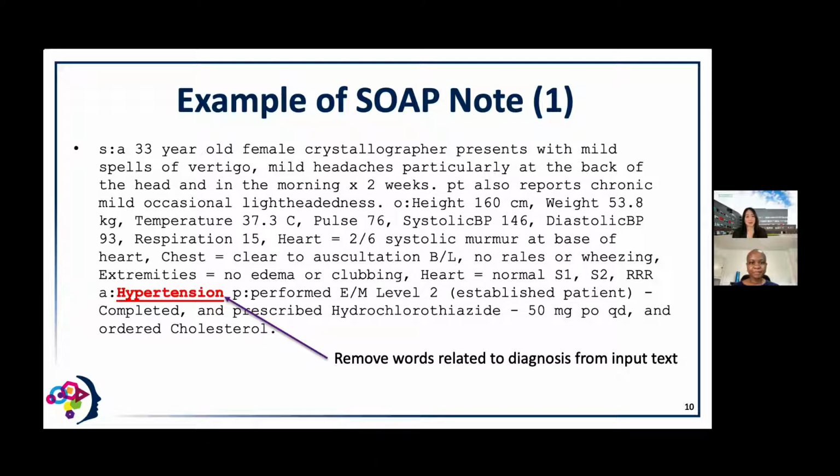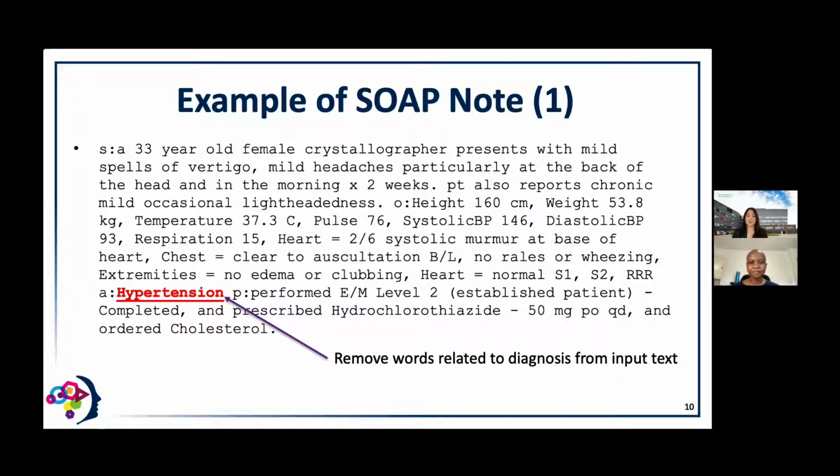Here's an example of a SOAP note. In this example, we have a 33-year-old female with mild spells of vertigo, mild headaches, and so on. And as you can see, even within the SOAP note itself, the doctor predicted that this patient likely has hypertension.